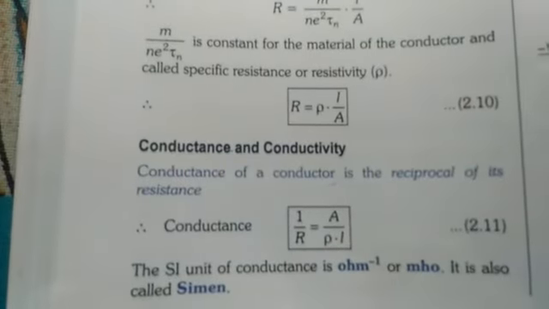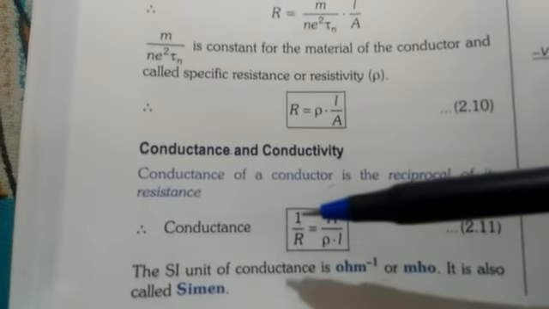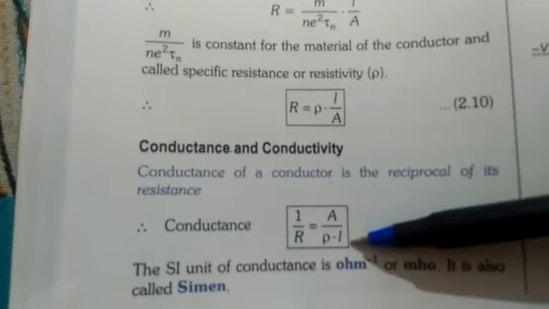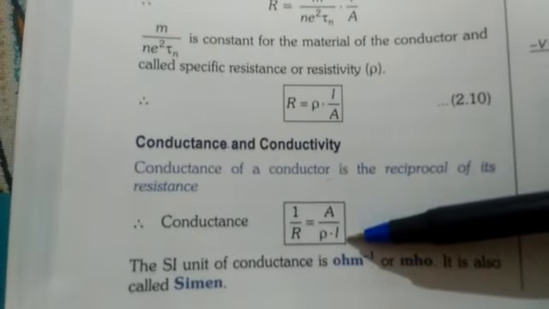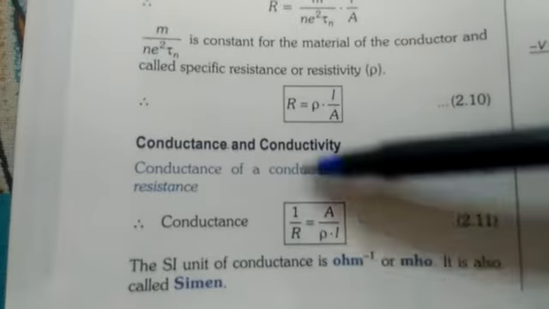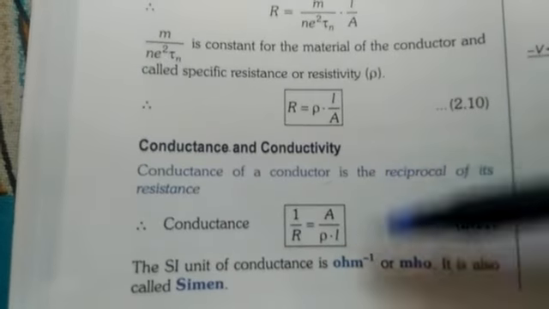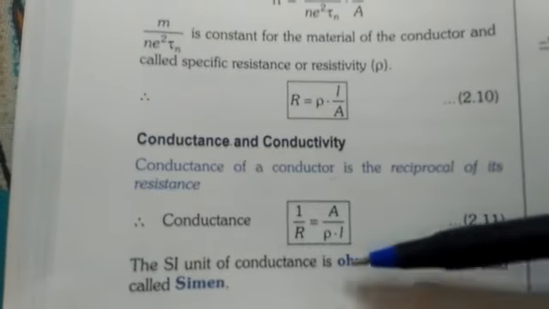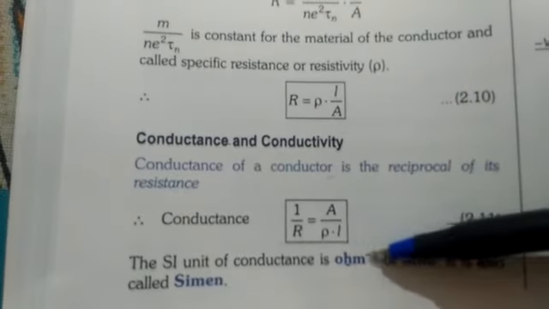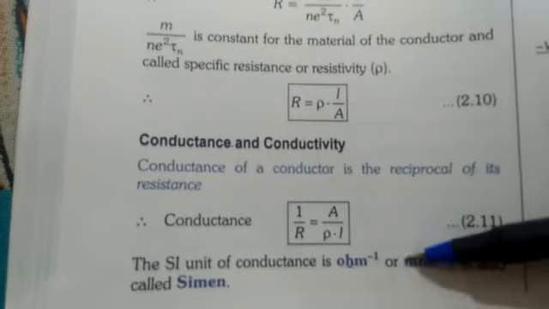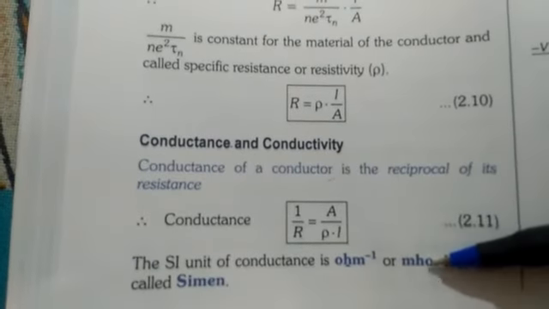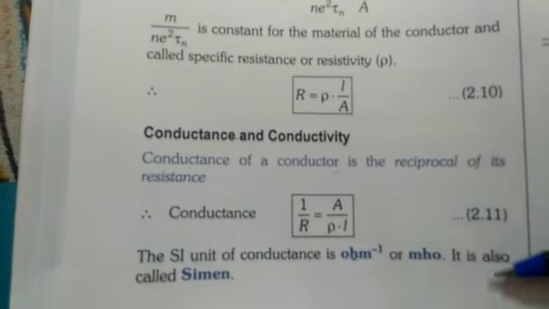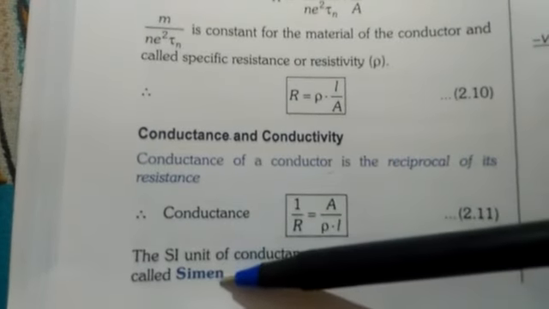If we have to find conductance, we write 1 upon R, that is A upon rho into L. The unit of resistance is ohm. The unit of conductance is opposite to that, that is ohm inverse, or it can also be called mho. Just write ohm, OHM, in the opposite manner as MHO. So ohm inverse or mho is the SI unit of conductance. It is also called Siemens.